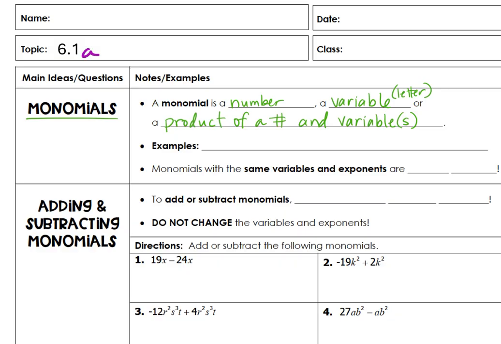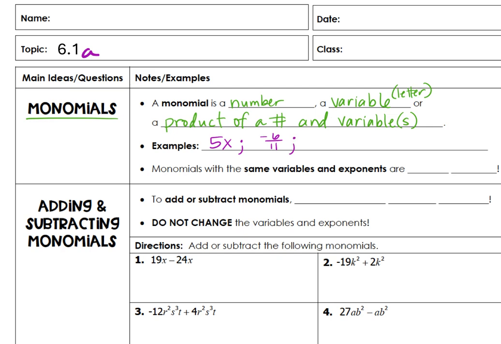Okay? So here's an example of a monomial. 5x is a monomial. Okay? Here's another example of a monomial. -6/11. That is one number, right? The fraction -6/11. Anyone think they can give me another monomial?